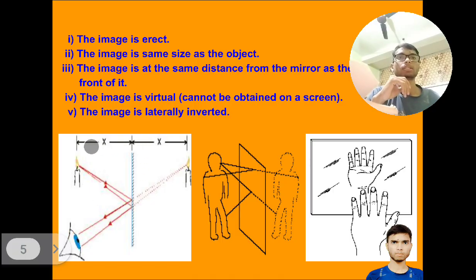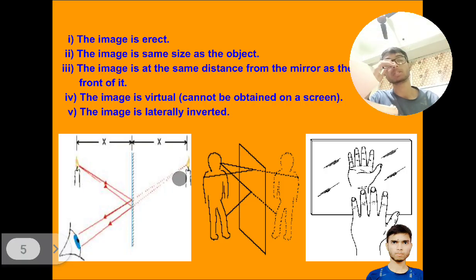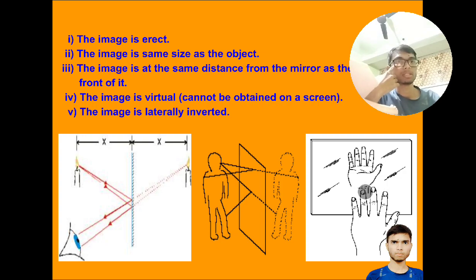So here you can see it is focusing on the distance of the original object and the duplicate image. We have visualized this as well. Here this is your original hand, and inside the mirror is a duplicate image.